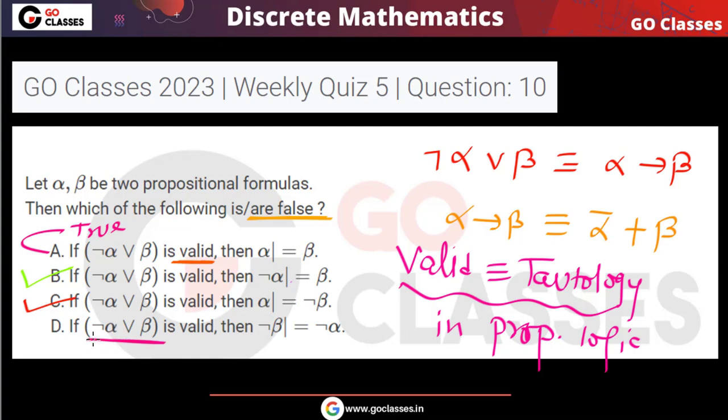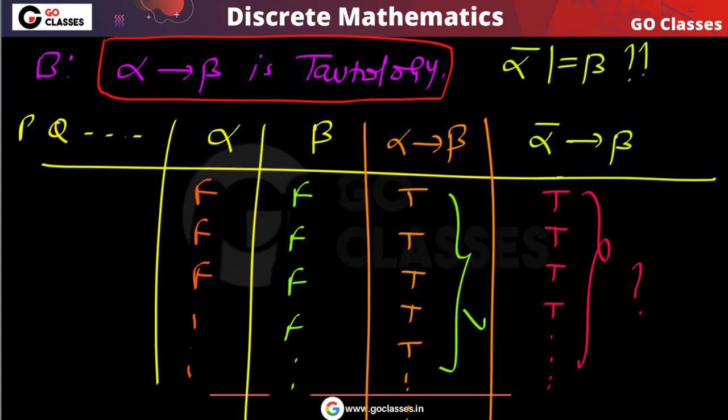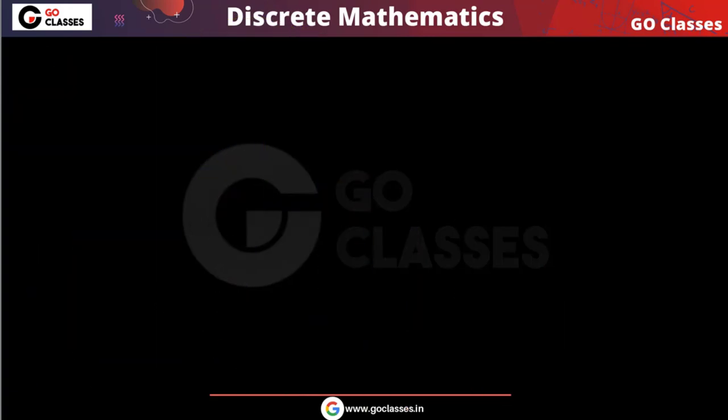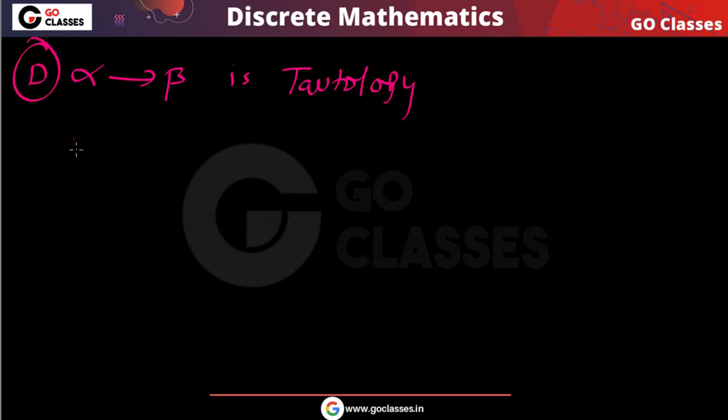Next, alpha implies beta is tautology. Then can I say that negation beta will infer alpha? The question is saying that if alpha implies beta is tautology, what is option D saying? Option D is saying that if alpha implies beta is tautology, then what can you say about negation beta infers negation alpha?